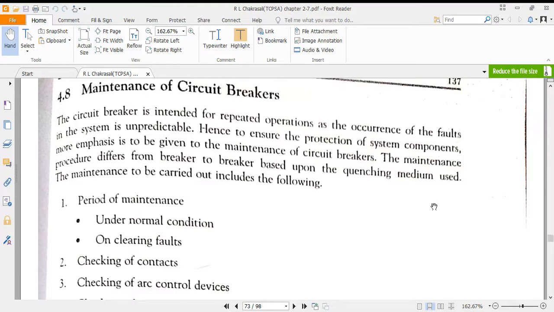in the circuits. The maintenance procedure differs from breaker to breaker based upon the quenching media used. What is quenching media? Arc quenching media. Why is there an arc?